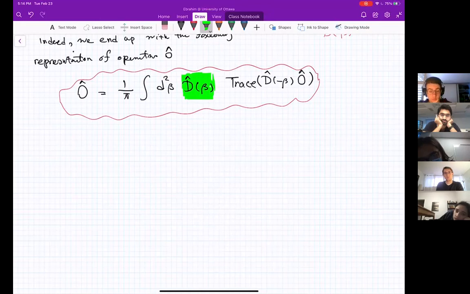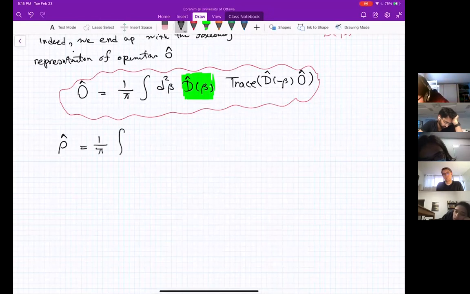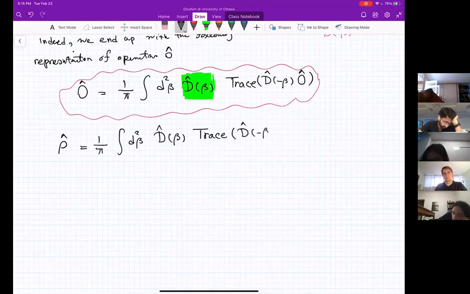Let's do that for the density matrix operator. Let's write the calculation for the density matrix operator. Rho is given by 1 divided by pi, integral of d2 beta, displacement operator of beta, trace of D minus beta rho.